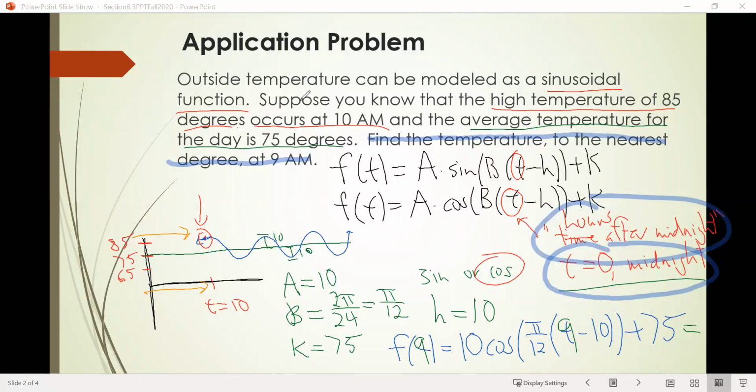We plug that into our calculator, making sure that we're in radians mode, since here we use 2 pi, which is in radians. So do 10 times cosine of pi over 12 times 9 minus 10, plus 75. Looks like I get 84.659, which we're asked to round to the nearest degree, so that would be about 85 degrees.